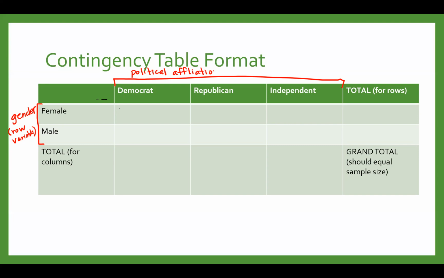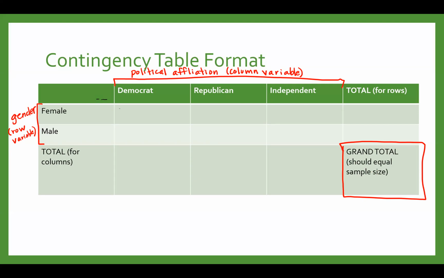When you're talking qualitative, you're talking words or phrases. Your column variable here is your political affiliation. You also have columns that will allow you to do the total for the rows as well as the total for the columns. And in the lower right corner, this last box should be your grand total, and your grand total should always equal your sample size.